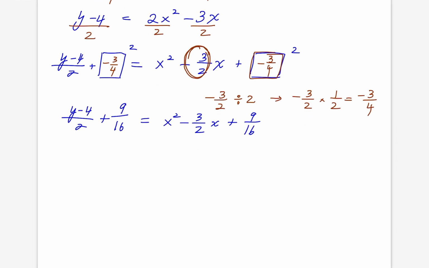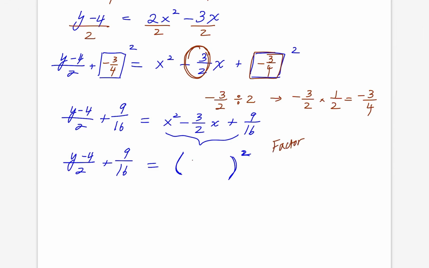Okay, and the next step is to rewrite this whole thing in factored form, the squared form, the big parentheses with exponent 2. The left side looks the same. To do that, how do we factor this so quickly? Here's a shortcut.